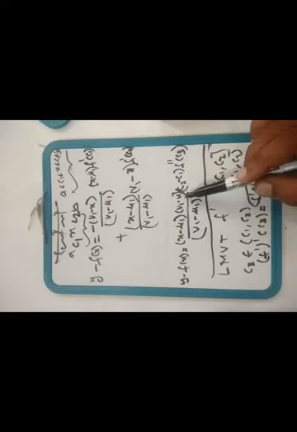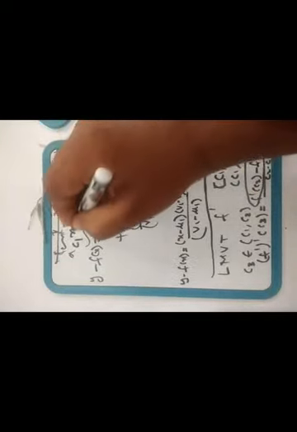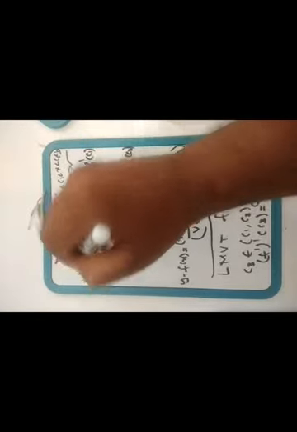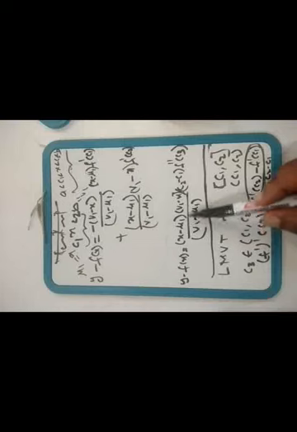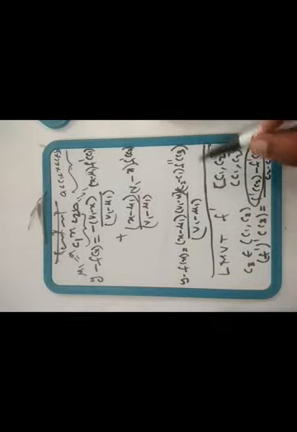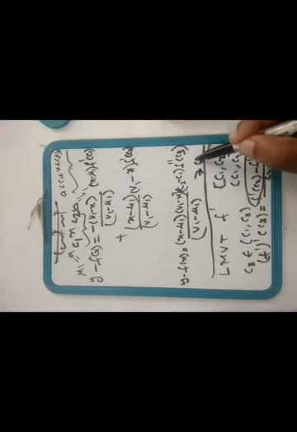Here v1 is b and u1 is a; v1 minus u1 is positive, and v1 minus x is also positive. So this whole term is greater than or equal to 0.